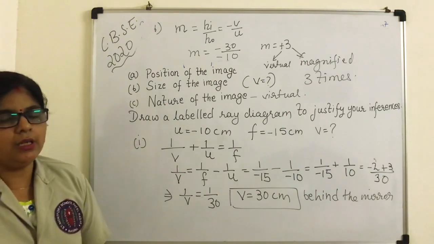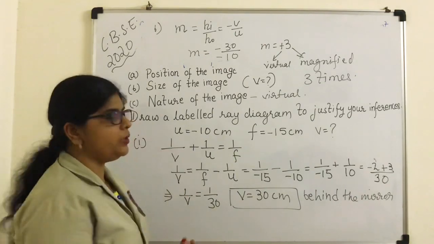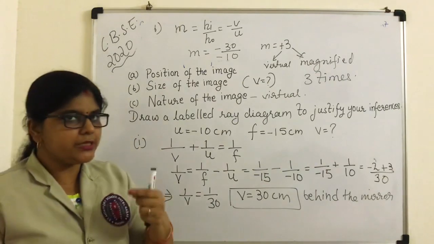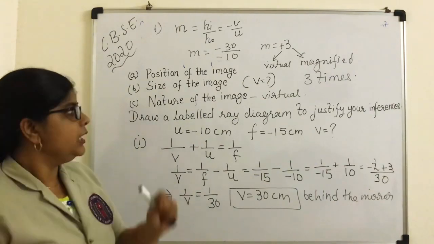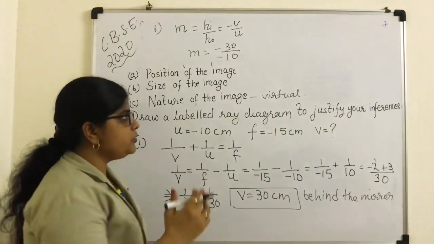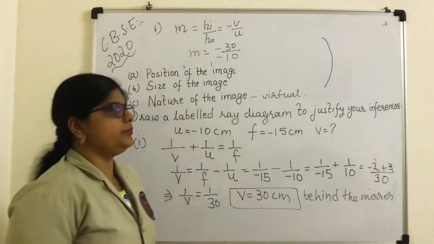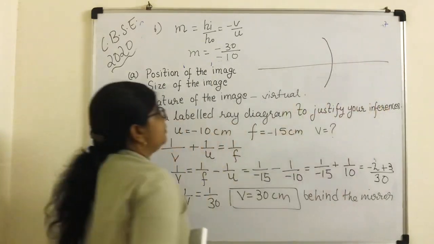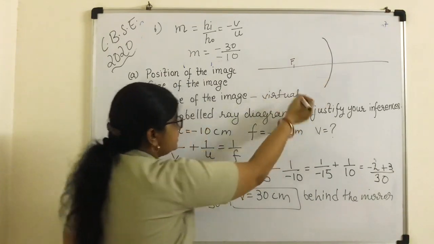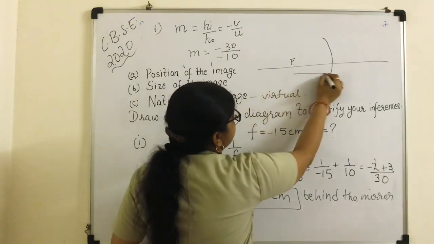Children, the question was given in the beginning itself. I can find out whether the solution I am doing is correct or not. We know all the 6 positions of the object in the tabular column. Where is the image formed? If I want to draw the figure for this question, suppose this is your mirror, and suppose this is the focus. This distance, the focal length, is 15 centimeter.